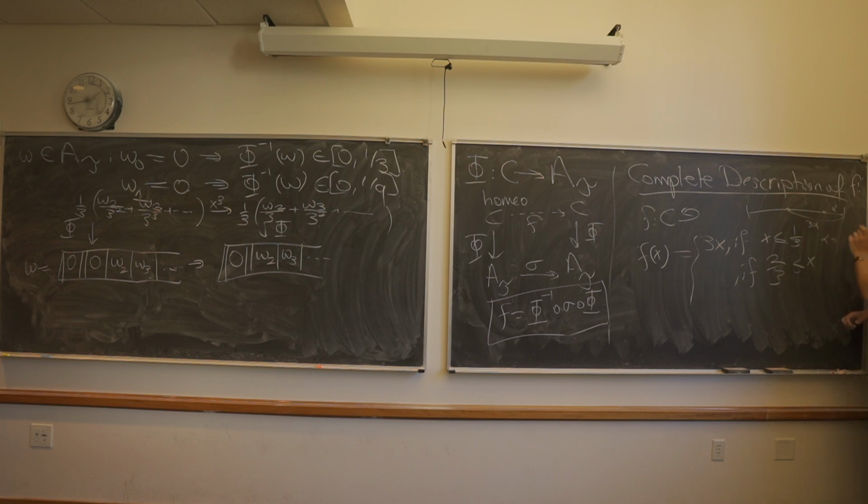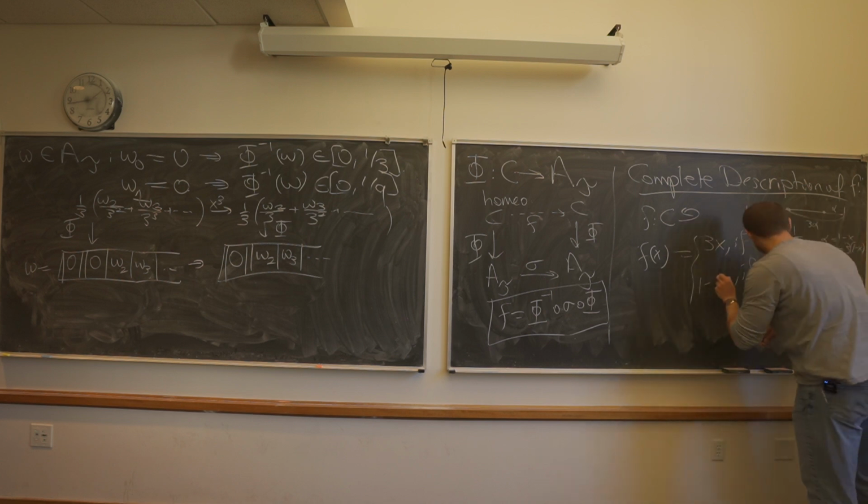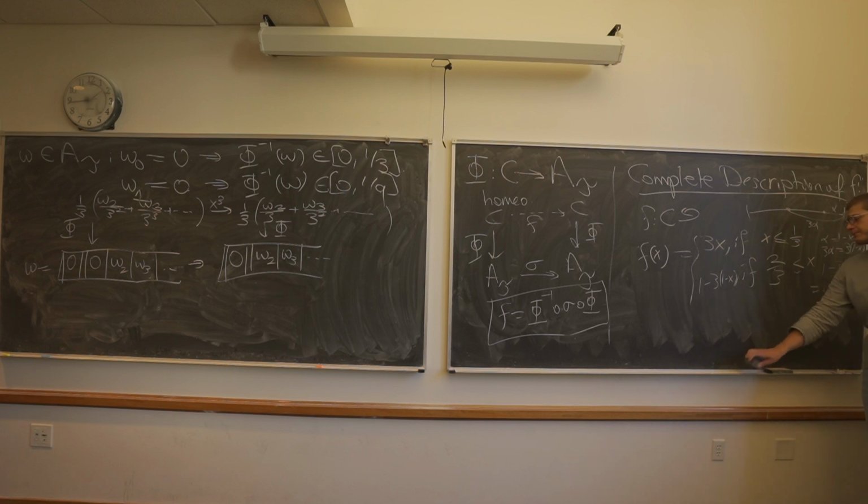So if alpha, let me just compute this, is 1 over x, then 3 alpha is this, and 1 minus 3 alpha therefore is 1 minus this.